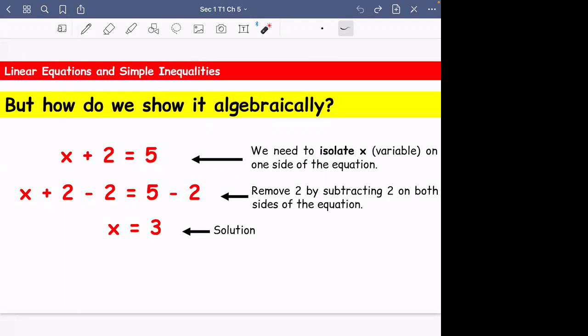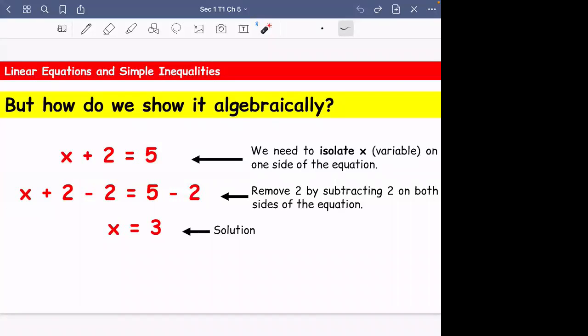Is that clear? And then what do we do next? On the left side, we need to isolate x, but x here has plus 2. How do we remove 2 on the left side? We basically subtract 2 on the left side.